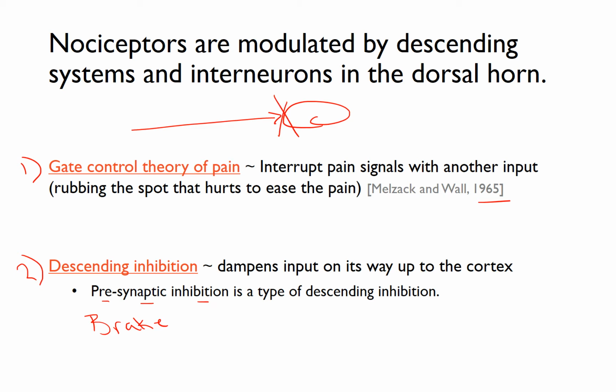Descending inhibition is more about a signal coming down from the brain, particularly the brain stem, and that signal is coming down to meet the pain signals and interrupts the signal before it gets up to the brain. So I hope that makes sense. That gate control theory is more about interrupting an incoming signal. Descending inhibition is more about diminishing a signal from the top down.